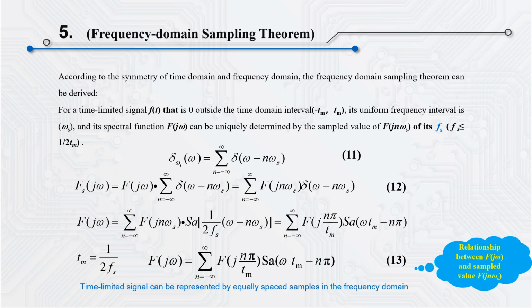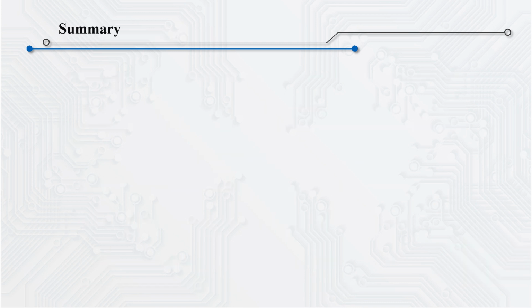Here, F(jω) and its sampling value F(jnωs) also form a certain relationship. Therefore, the corresponding spectrum of the time-limited signal can be expressed by sampling value of equally spaced frequency domain. The detailed content of frequency domain sampling theorem will be explained in digital signal processing.